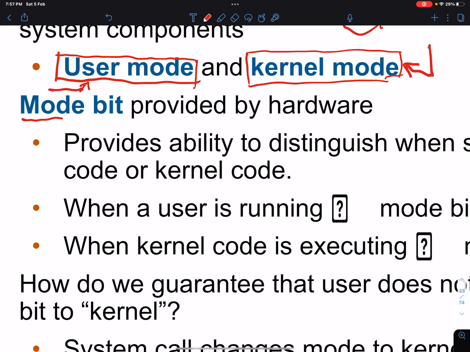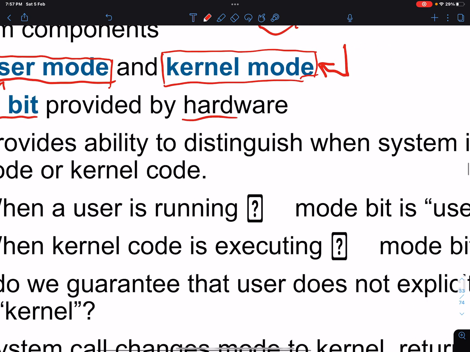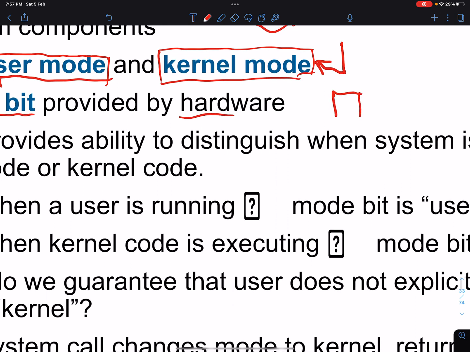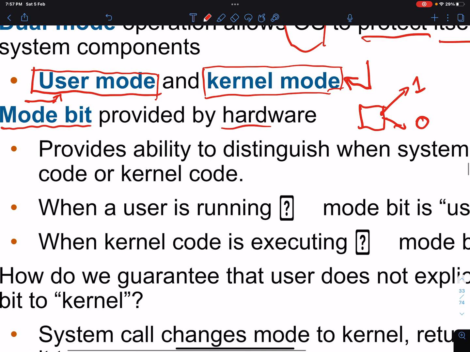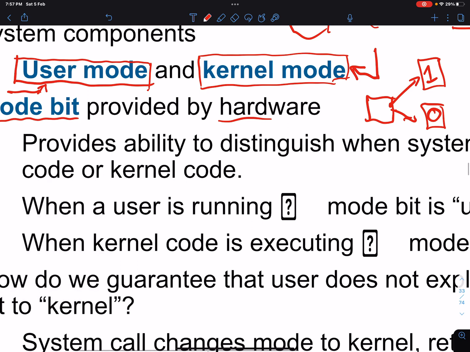And we have a mode bit, provided by the hardware. So it's a single bit. As you know, as engineers now, a single bit can be either 1 or 0. So 1 means user mode, 0 means kernel mode. So the user cannot run anything unless this bit is 1.